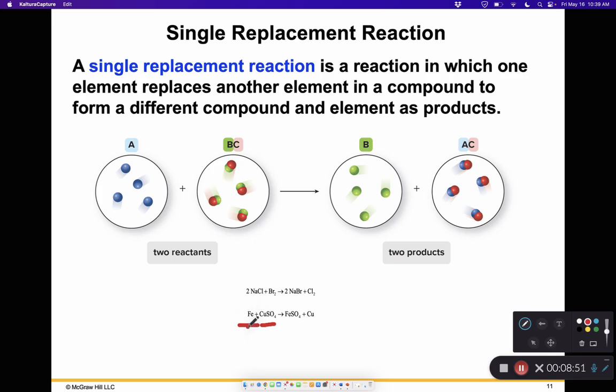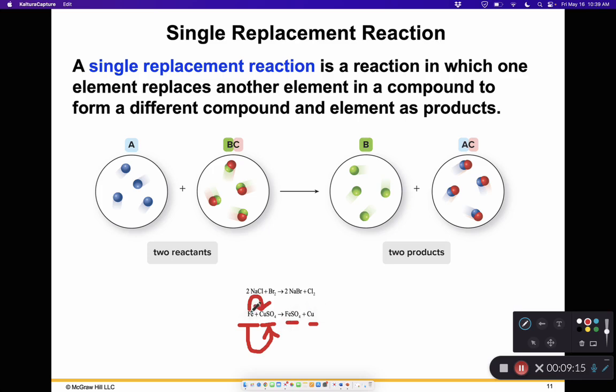So when this element comes in contact with a compound, it will replace the copper. The iron will replace the position of copper, so it will make a new compound, iron sulfate, and copper is the one who is kicked out here. So the products are iron sulfate and copper.